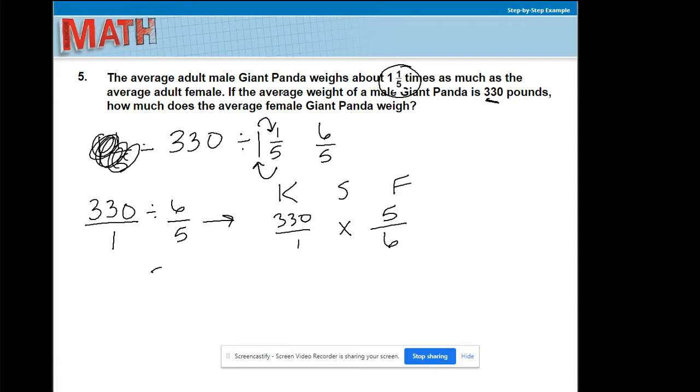So I don't know what 330 times 5 is, so I'm going to do that real quick here, which is going to get me 1650 divided by 6.